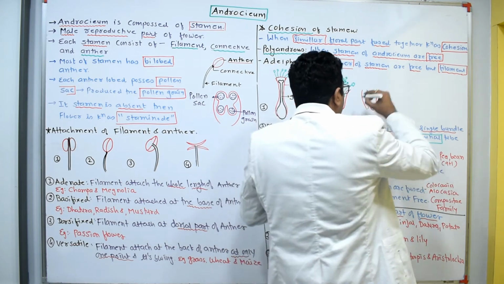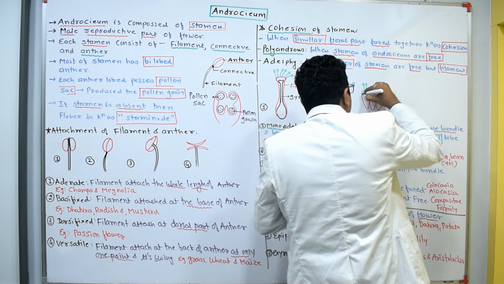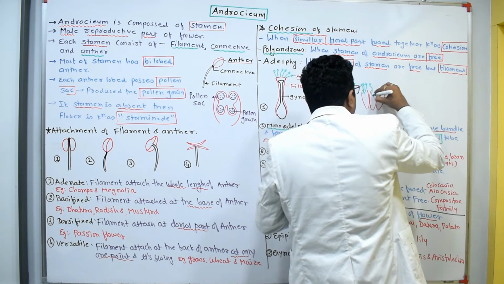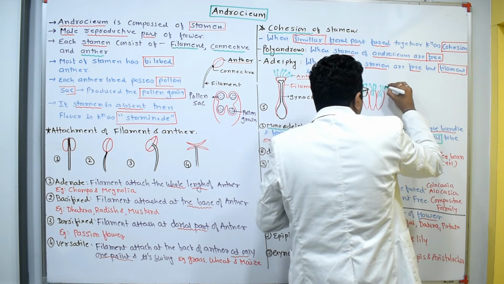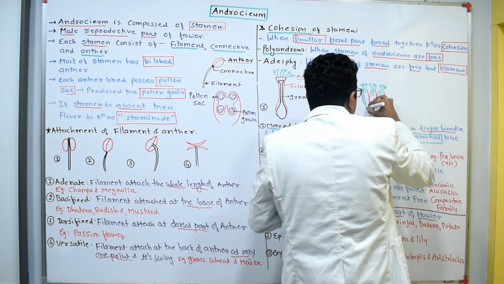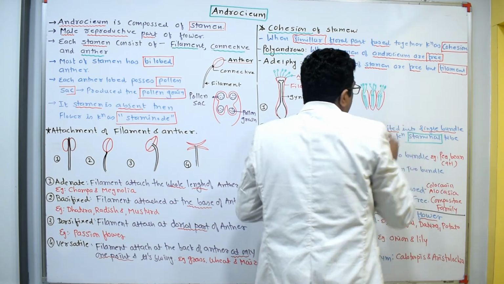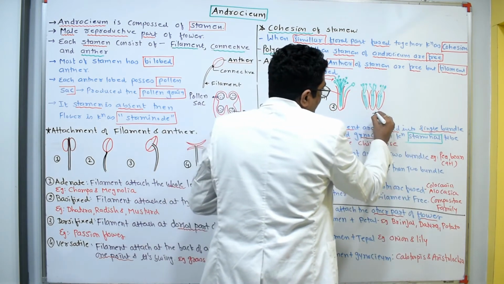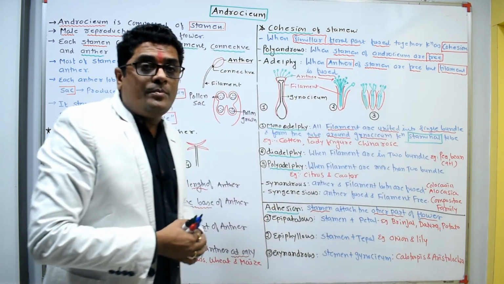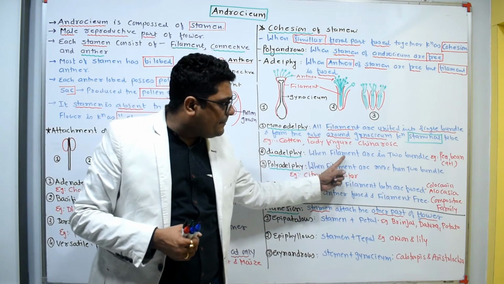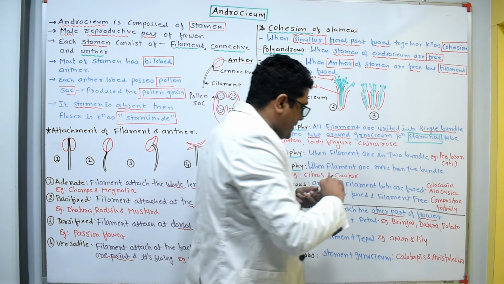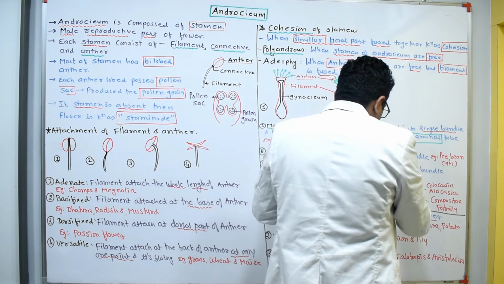Diadelphy: when the filaments are in 2 bundles, अगर बेटा filament 2 bundle में होंगे then it is known as diadelphy, pea bean. Polyadelphy: when the filaments are in more than 2 bundles, बेटा 2 bundle से ज्यादा होगा, found in citrus and castor.